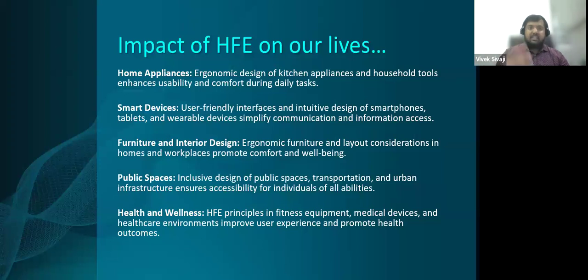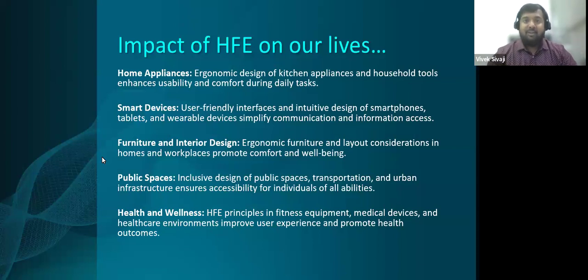So, for example, let's say home appliances, right? Can you even think about the appliance that you have today without thinking about ergonomics? For example, even your knife, without its textured grip, it's going to slip out of your hands, right? The way you have your kitchen aisle or kitchen stand set up, right? Smart devices, user-friendly interfaces that are there with smartphones, tablets, wearable devices.